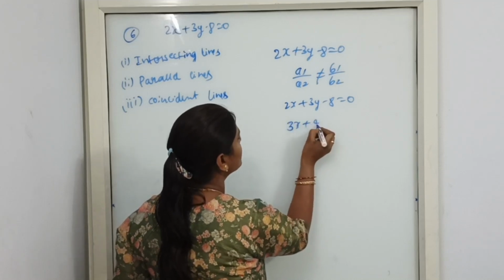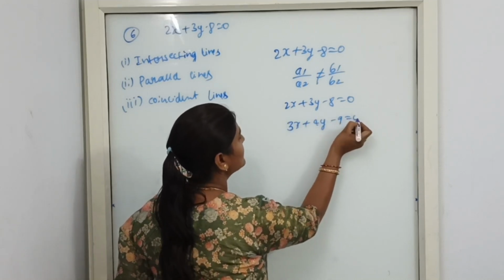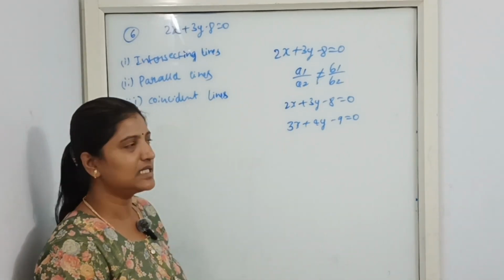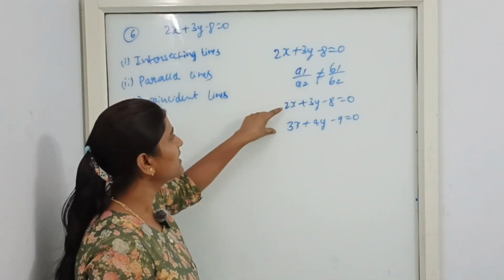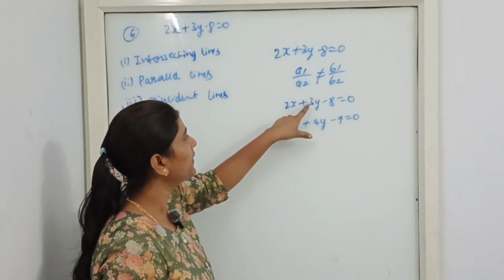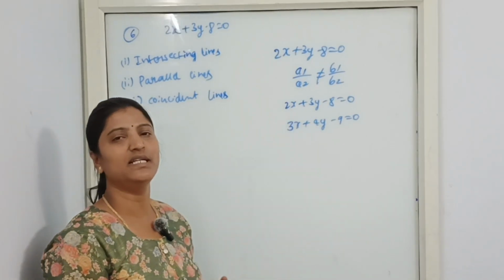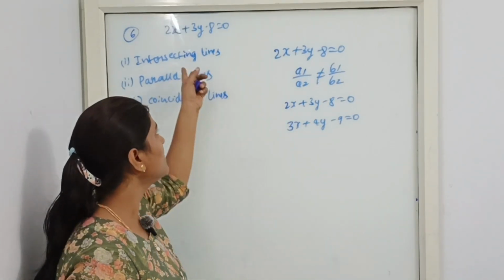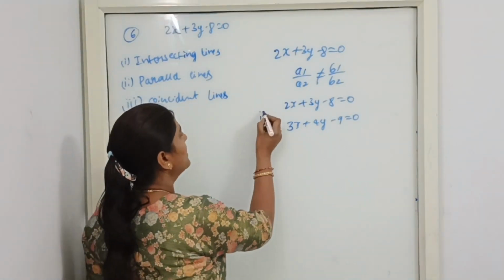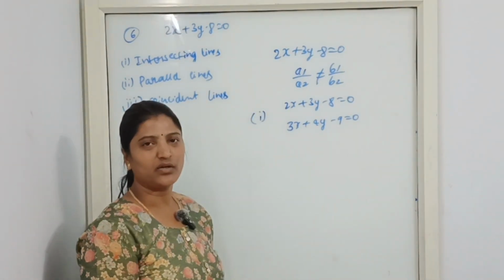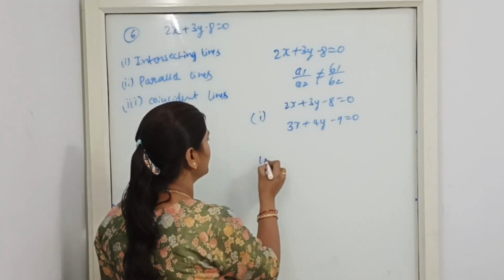For example, 3x plus 4y minus 9 is equal to 0. Then a1 by a2 is 2 by 3, b1 by b2 is 3 by 4. It is not equal, then this belongs to intersecting lines. You can write any equation, okay? Just one example we will show.